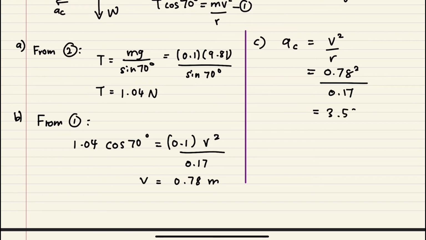That is 3.58 meters per second squared, since this is in SI unit. Okay, thank you everyone.